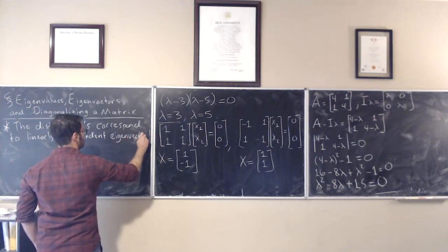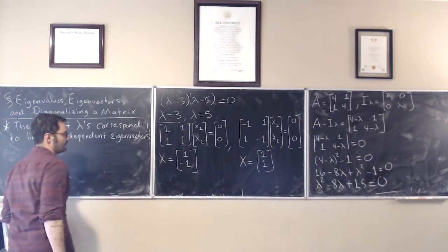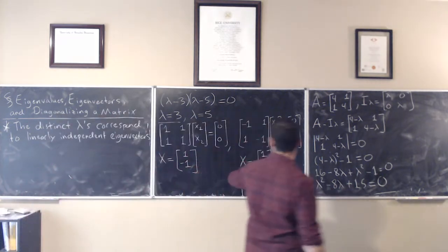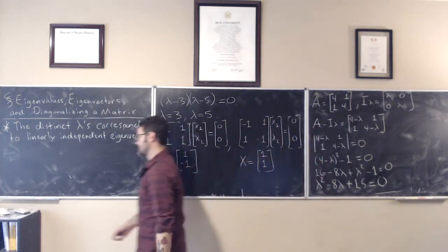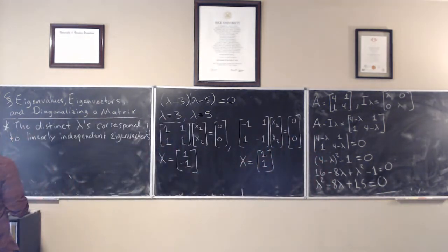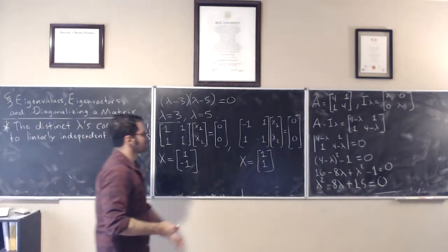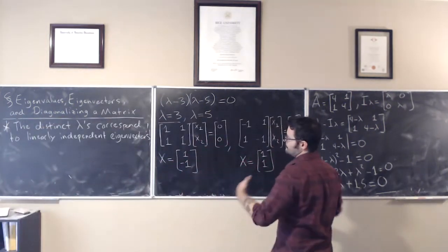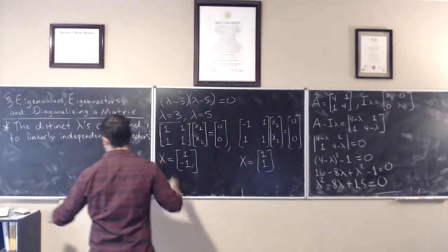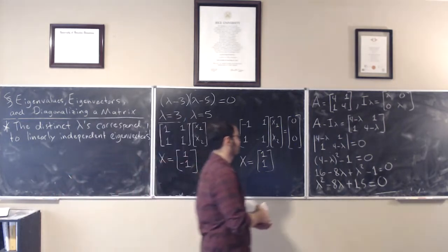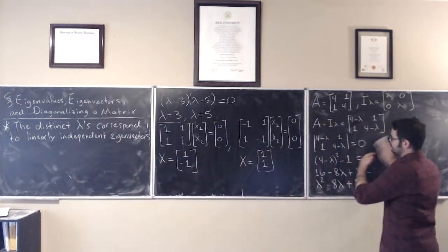That's an important note. That's going to be linearly independent from that because they have different eigenvalues. Okay. So it's important to also note that we could have actually found out these eigenvectors and eigenvalues before, without doing all these computations.